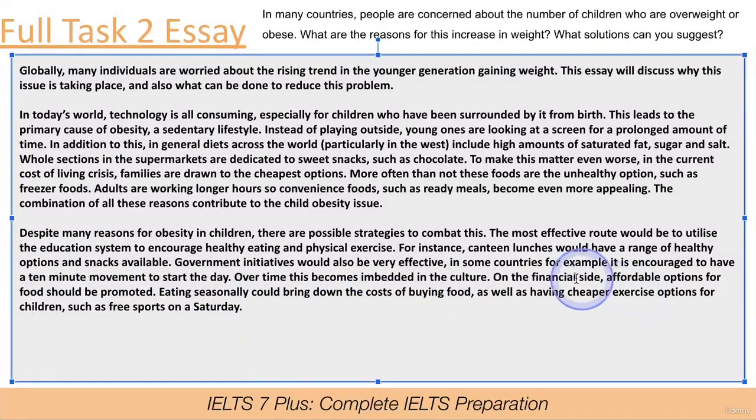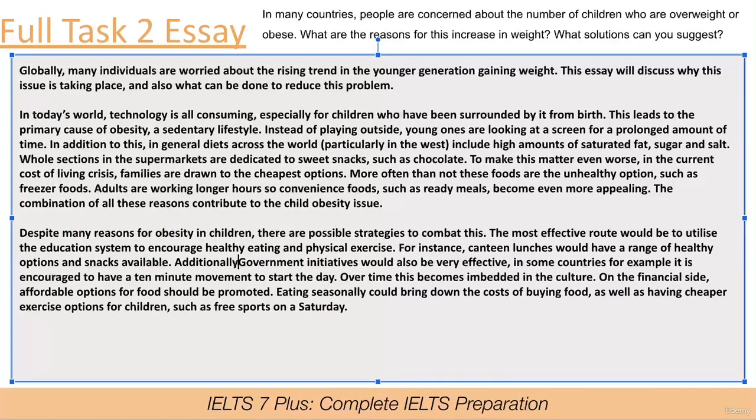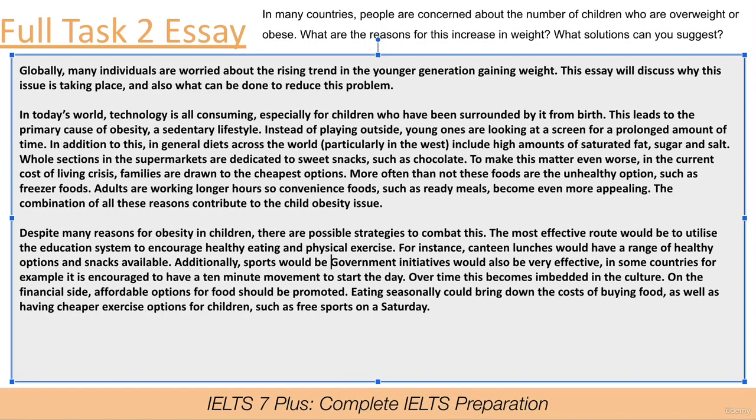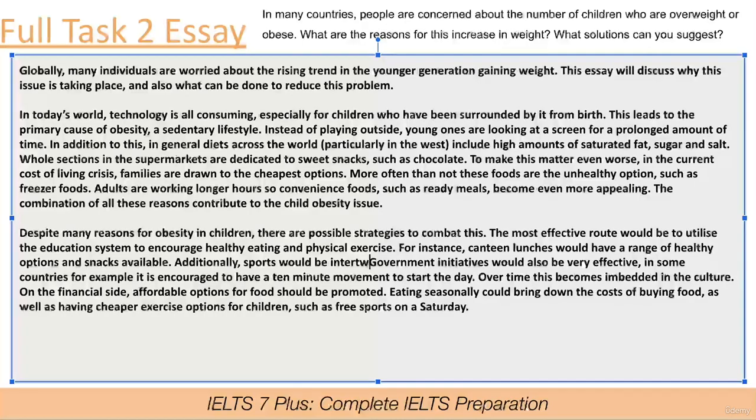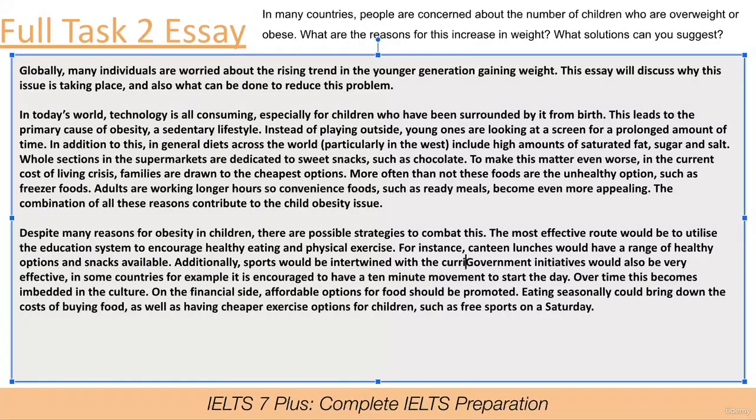I think we can actually put in the exercise with the schooling, on second thoughts. So we could say something like, additionally, sports would be intertwined with the curriculum. Okay. Government initiatives would also be very effective.